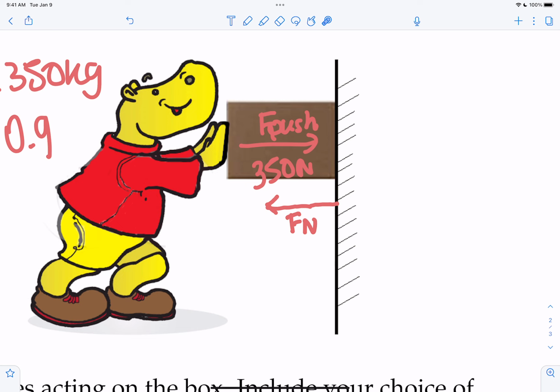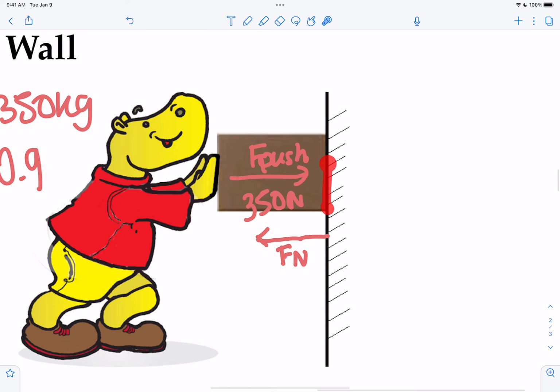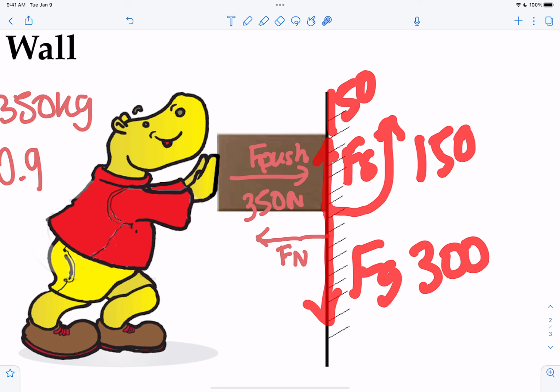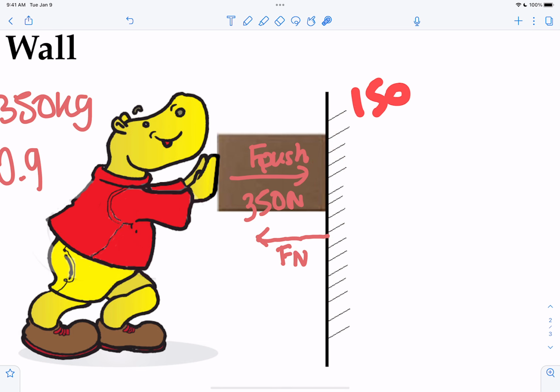They won't always necessarily be equal in magnitude, because, for example, if you had another force also acting in the y direction, this force of static friction might be 150, the other force might be 150, and then gravity might be 300. But 150 plus 150 is positive 300 newtons in the y direction, and then a negative 300 newtons in the negative y direction, right?